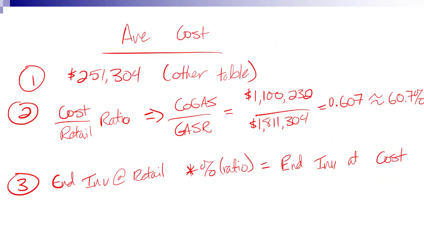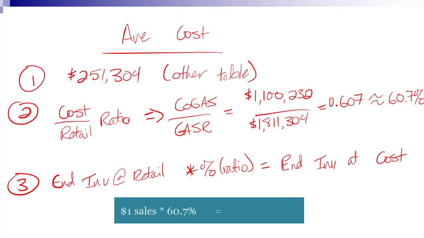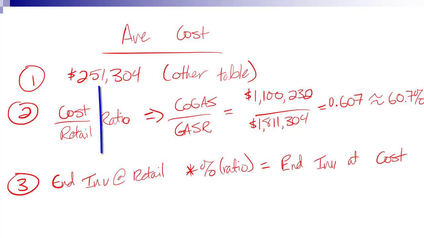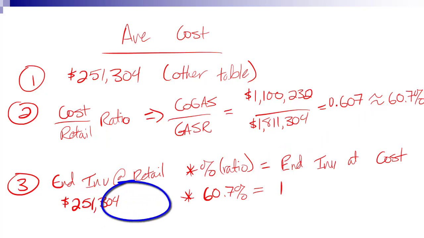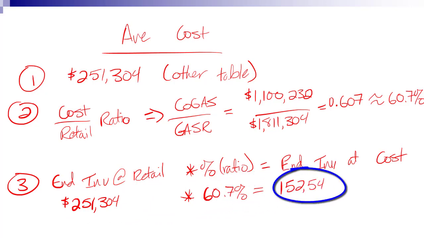Well, let's deflate it. If I know that my cost relative to my retail value, that's what we're looking at down here, is about 60.7%, then what I'm saying is for every dollar of retail value, there was about 61 cents worth of cost. So I can take that 251,304, I can multiply it by the 60.7%, and that's going to drop me from a retail value to a cost value. That's what I'm doing.